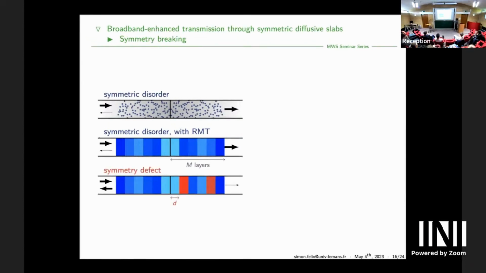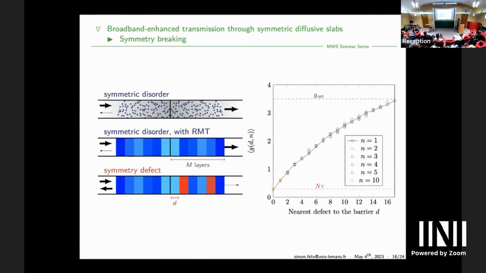So for example, here I have changed 2 of the slices, so I put another random matrix instead of the symmetrical one. And what I will consider now is the effect on the conductance of the number of slices I have changed and the distance from the barrier to the closest modified slice.